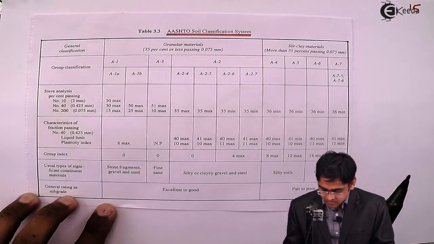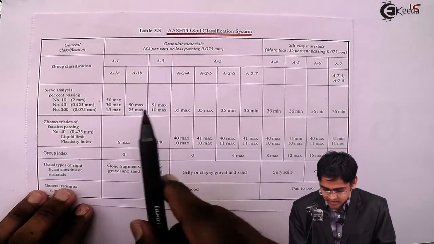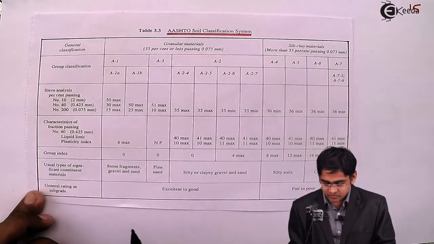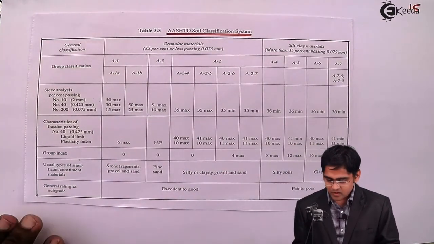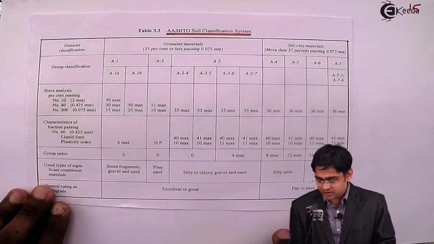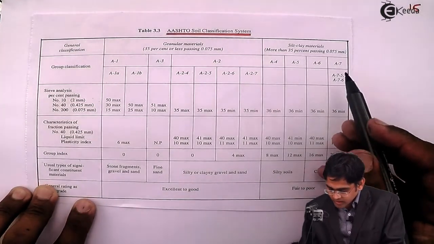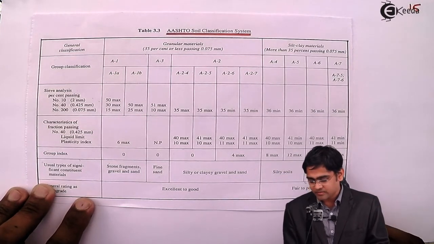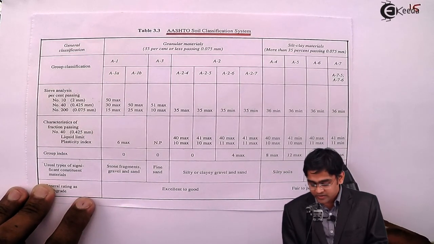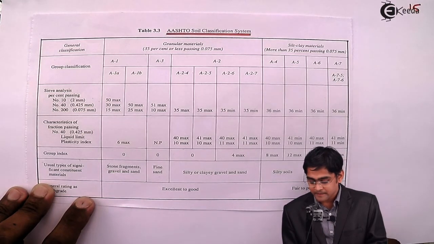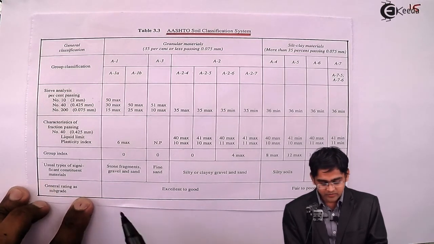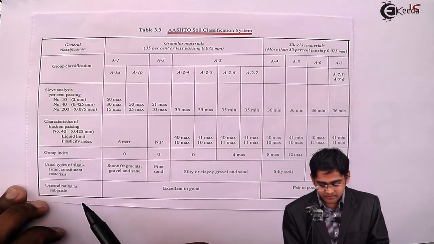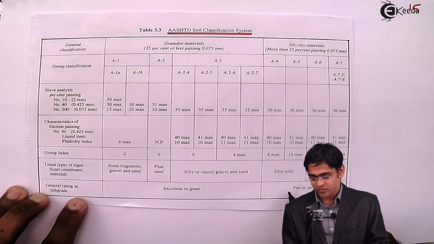As we have discussed, we have 7 groups, and A8 is for peat, or highly organic soils. If you go to the A7 group, it has a maximum group index of 20, which means the soil is clay, and its general rating as a subgrade is fair to poor.